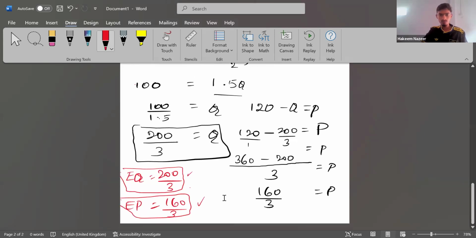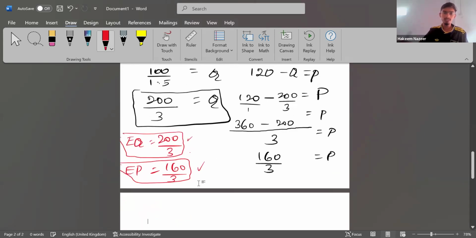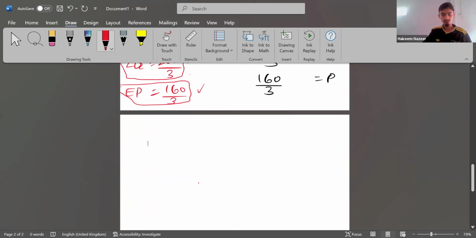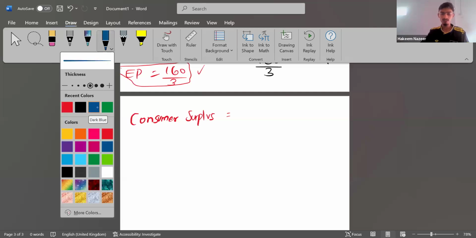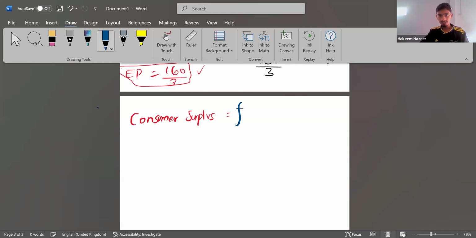For that, we have learned the specific formula. First, consumer surplus. What's the formula? We know the demand curve integral from 0 to EQ of the demand function, minus the expenditure EQ into EP.